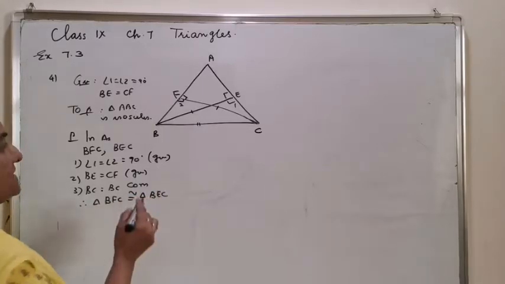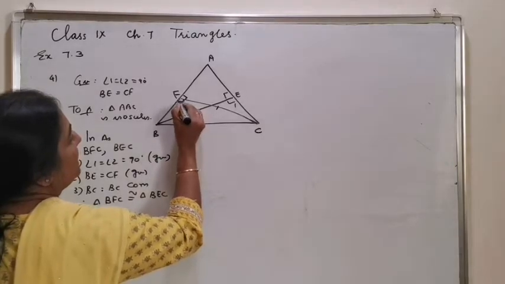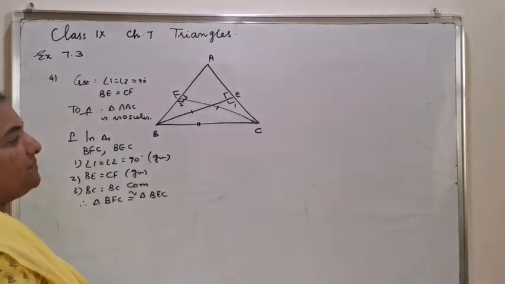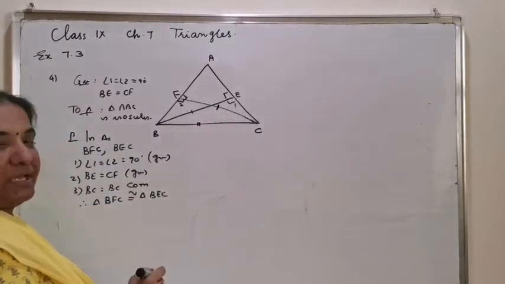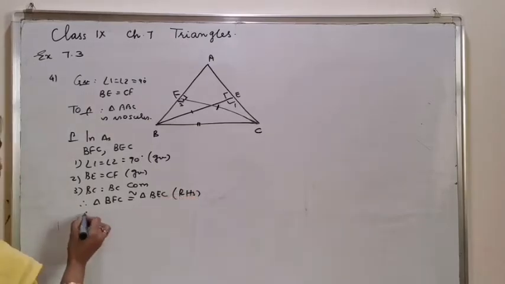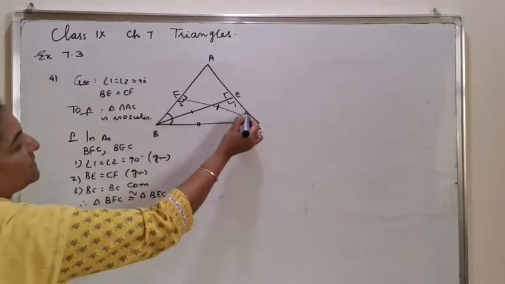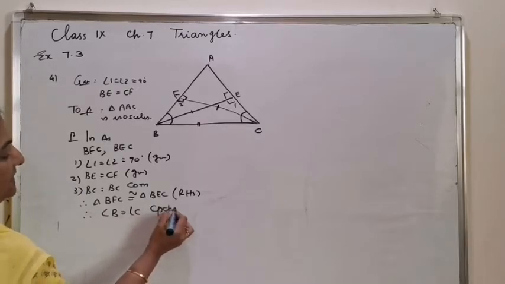Take one triangle and see. Take triangle BFC. You have taken a right angle. You have taken the side opposite to it as hypotenuse, and you have considered one side, which shows that it is by RHS congruence. Therefore, in triangle BFC, you can see angle B is equal to angle C as CPCT.